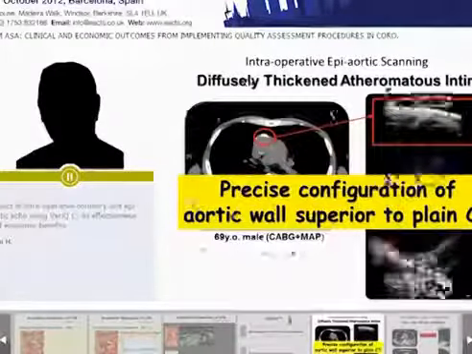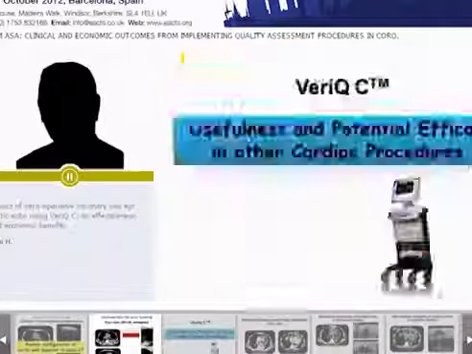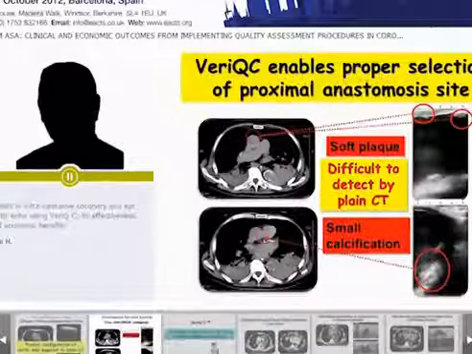If there is a soft plaque, VQC can clearly show it, and such a soft plaque cannot be detected by plain CT. So for this particular case, an 81 years old emergency OPCAB case, I found soft plaque and some small calcification over there. So VQC enables proper selection of the proximal anastomosis site.